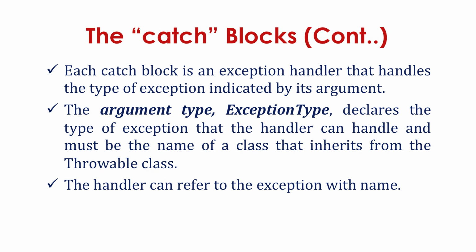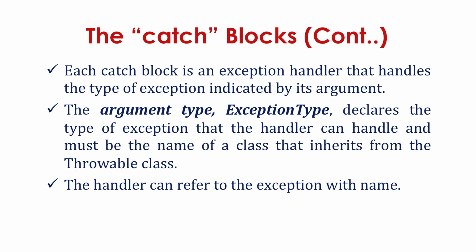So as per the argument type, or we can say as per the exception type, the catch block may differ. The argument type and exception type declares the type of exception that the handler can handle.